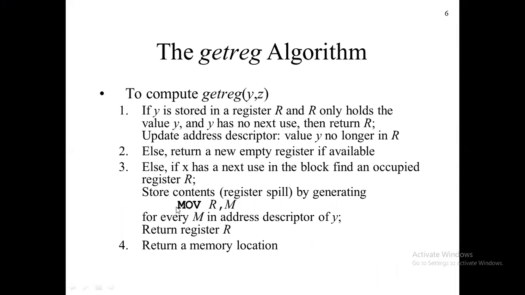That is, the register is moved into the memory location. Then return a memory location, and it also returns a register. That is, the value of X is stored in both the register and memory. So it will return the register and also the memory location. Both contain the variable X.